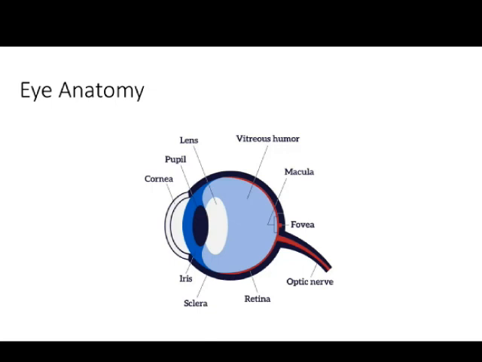Vitreous humor is a jelly-like substance which is inside the eye, which keeps the eye in its shape. So something has to keep the eye in its shape also. So vitreous humor is basically a jelly-like substance which is present in the eye. Then we have the fovea. This is the focal point, or this is the place where the light falls. If the light does not fall on this specific point, then we have light going everywhere and the focal point changing.